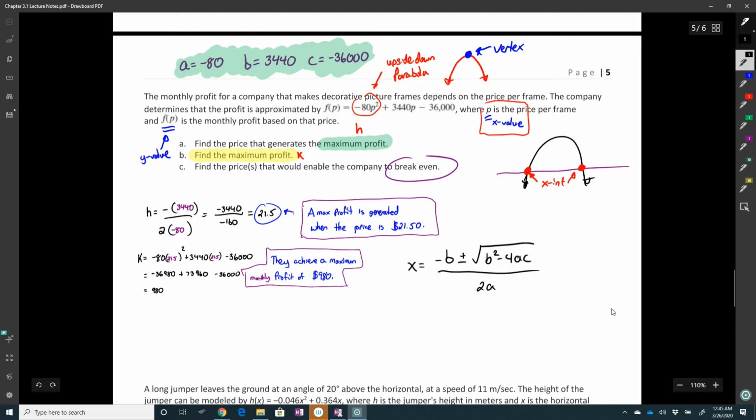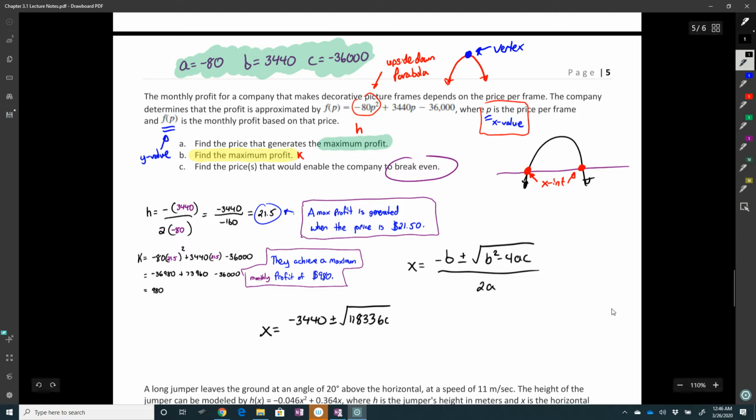So X equals negative B, so negative 3,440, plus or minus the square root of, now B squared, I'm going to type that in my calculator. And that is a ginormous number, 11,833,600, minus 4 times A times C. I can do that in the calculator.